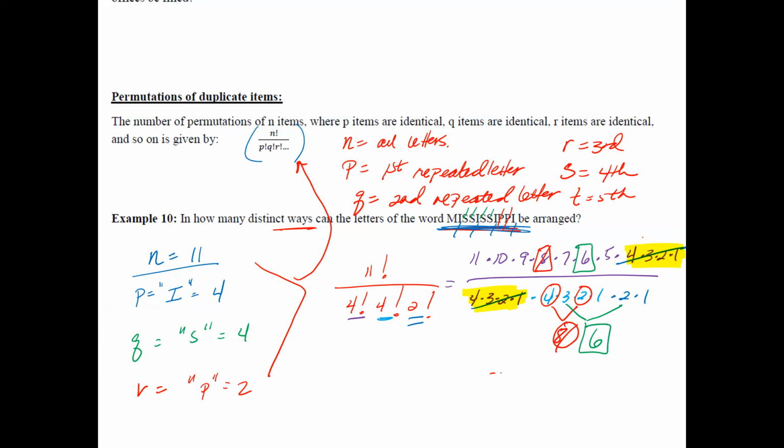My 6 and the numerator 6 cancel. Boom, done. So now essentially all I have in the denominator is just 1s. And on top, I have 11, 10, 9 times 7 times 5. So if I multiply those numbers divided by 1, how many different ways do I have to rearrange the word Mississippi? 34,650 ways. So it's a good thing you guys didn't actually write out the different combinations of Mississippi, because that would take you forever.